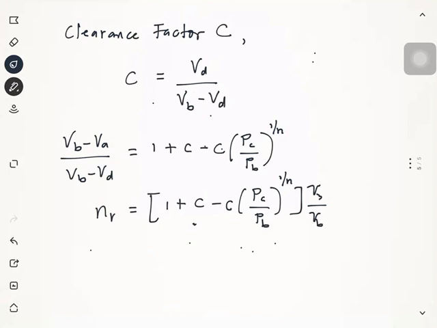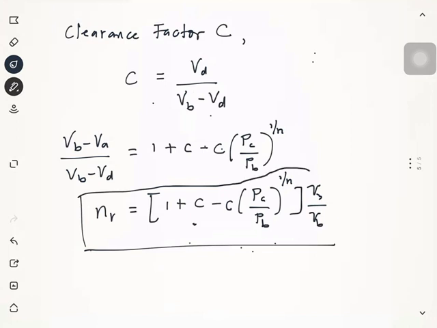Okay. So this equation here accounts for the three principal factors which affect compressor volumetric efficiency: the expansion of clearance vapor, pressure drop in suction and discharge valves, and heating of the vapor on the intake stroke.